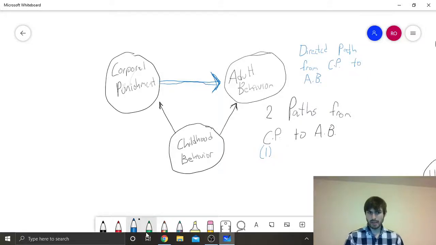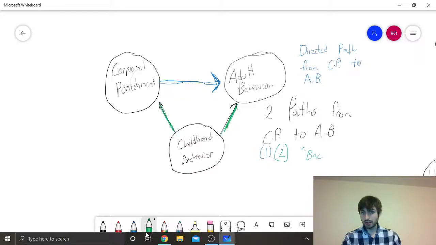But there's another path that goes this way. Remember, the arrows don't matter for finding paths. Arrows matter for directed paths, but paths occur regardless of the arrows. So there's a path from corporal punishment to childhood behavior, and there's a path from childhood behavior to adult behavior. So that's our second path. Another word for this path here is what's called a backdoor path.